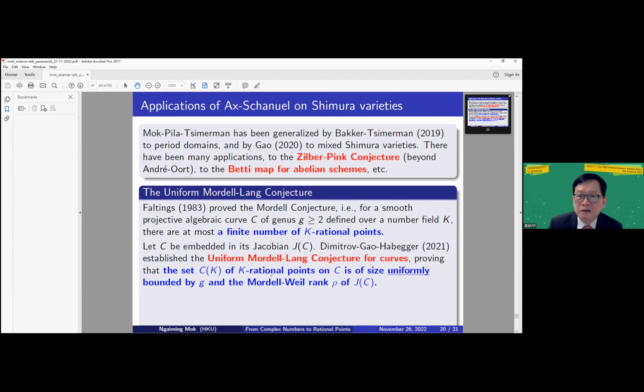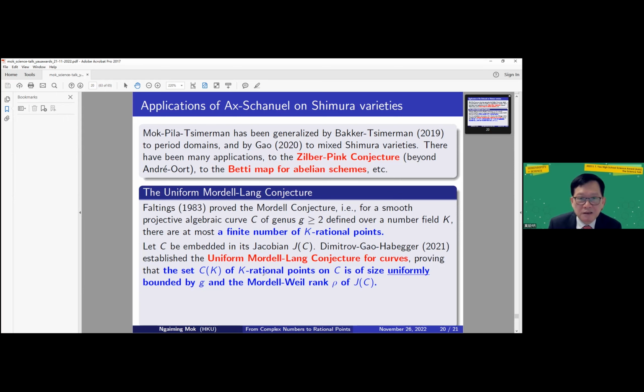This is the Mordell-Weil rank of the Jacobian, namely the rank of the abelian group of rational points on J(C). And this was done by means of generalizations of my theorem with Pila and Zannier, especially Gao's generalization to mixed Shimura varieties. Gao is now a professor in Germany.